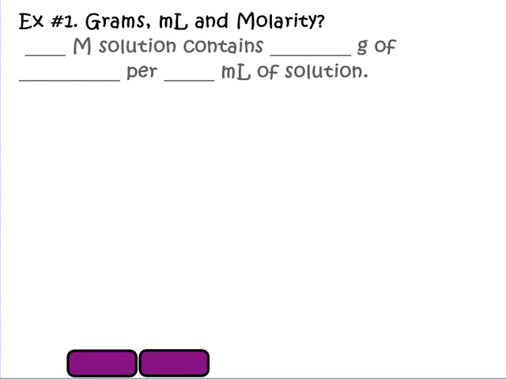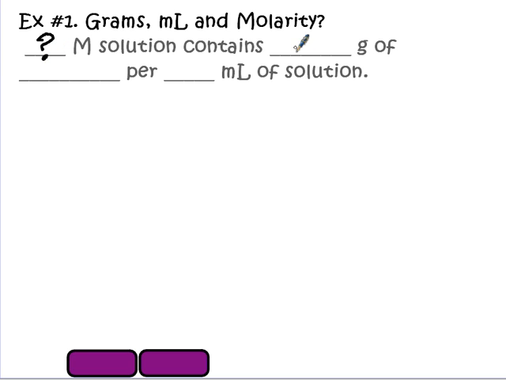So, first example here, you're going to see that these are all pretty much the same. So what I'm going to do is set up some examples right in front of you, and then I'll solve them. So over here, let's say I want to solve for molarity first. So here's my question mark.